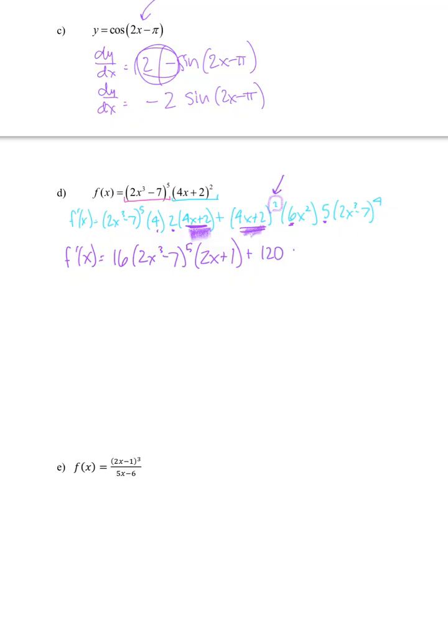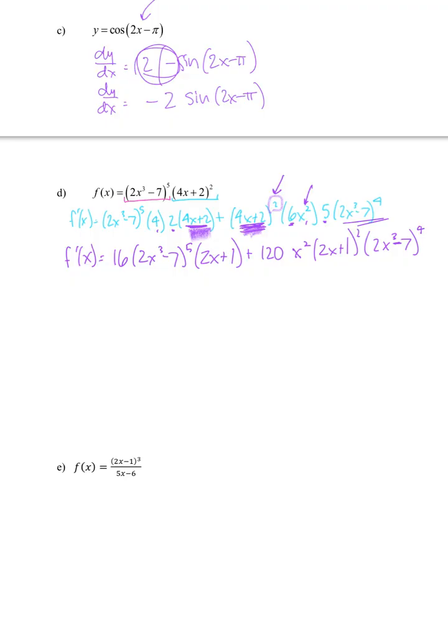And then there's this x squared, and then I still have what's left out of here when I pulled the 2 out, so (2x + 1) squared. And then I haven't touched this yet, (2x^3 - 7)^4. So all I've done so far is factor each term and clean it up.